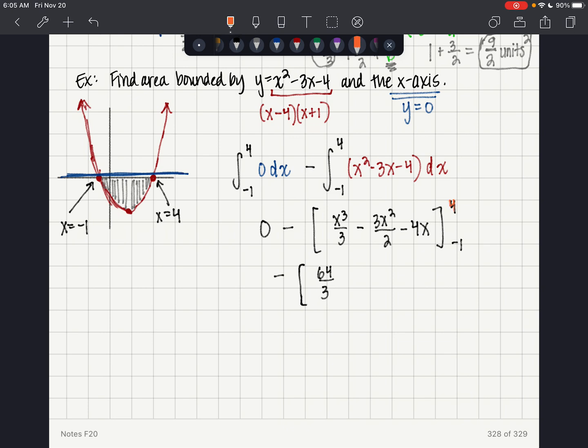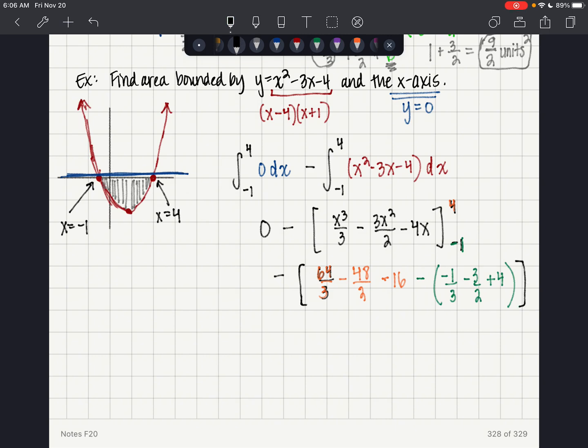Let's do this in two different colors. 64 thirds minus, when we put a 4 in, 16 times 3 is 48 halves minus 16. And then we're going to subtract from that all of the result putting negative 1 in. So we get negative 1/3 minus 3 halves plus 4.